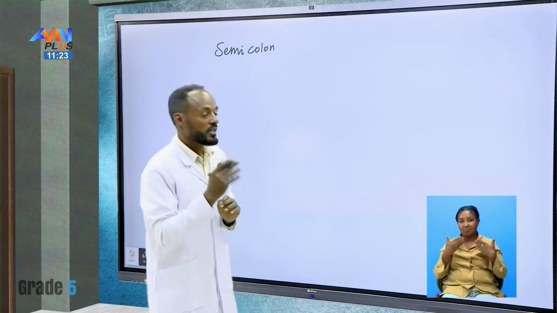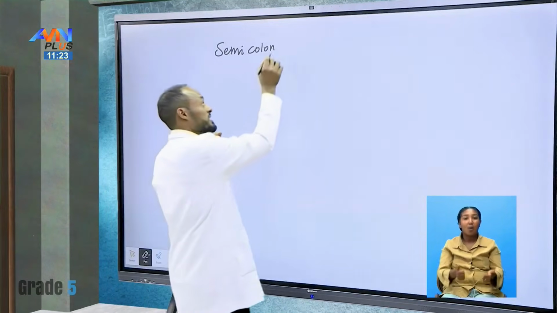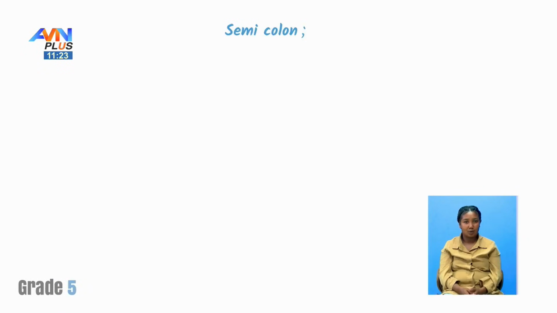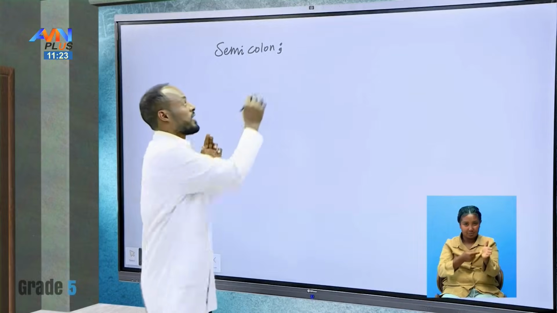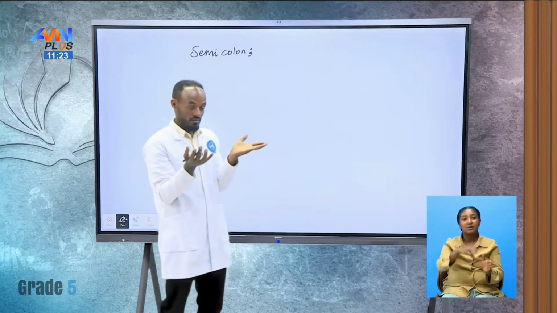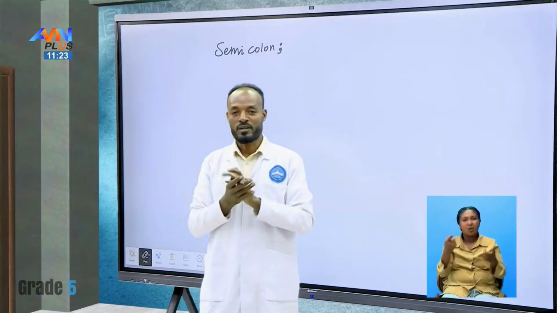Thank you. Good. Come on here. The symbol of semicolon is just this one here. This one is the symbol of semicolon. Is it clear? Good.